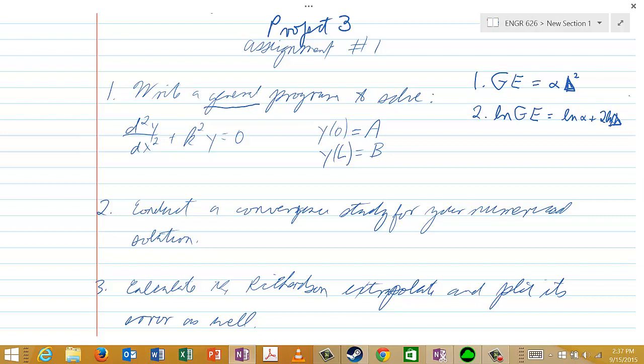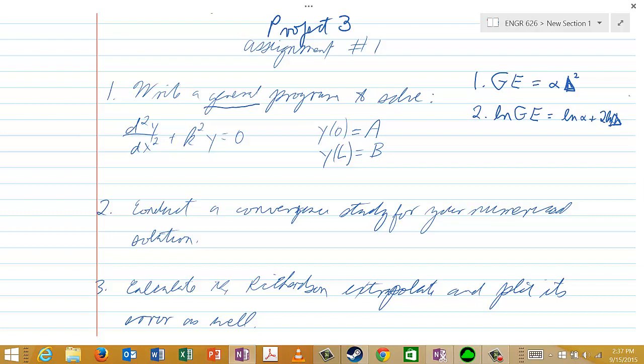So just to repeat then, we will start off our convergence study with delta equal to h, and then we'll go to delta equals h over 2, delta equals h over 4, delta equals h over 8, delta equals h over 16, etc. So think of delta as being variable and h as being the fixed value of the initial spacing in your mesh.